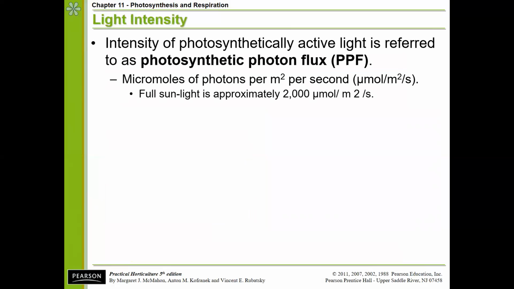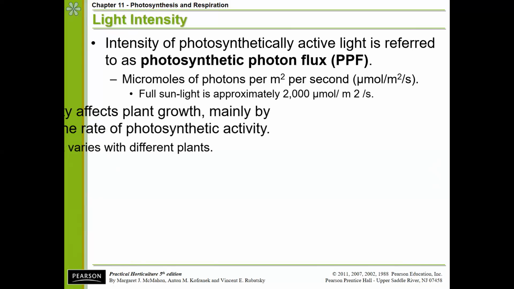We mentioned a little bit about how light is referred to as quantity and quality. Quantity is more the photoperiod. For quality, we're looking at the light intensity. Another way to look at that is the photosynthetic photon flux, which is basically micromoles of energy per second being intercepted by the leaf.